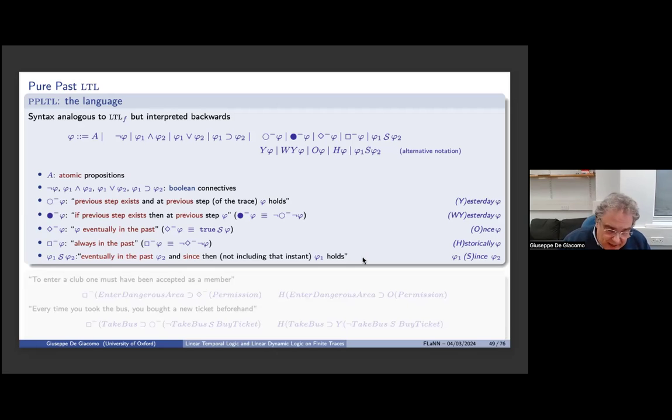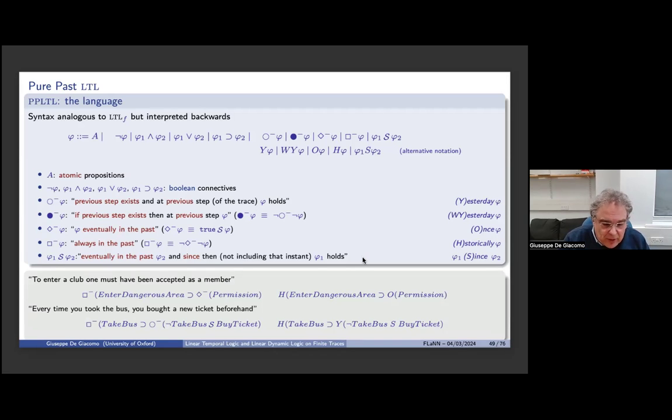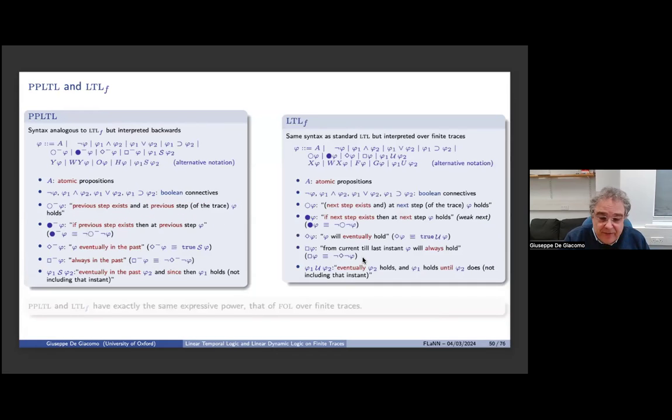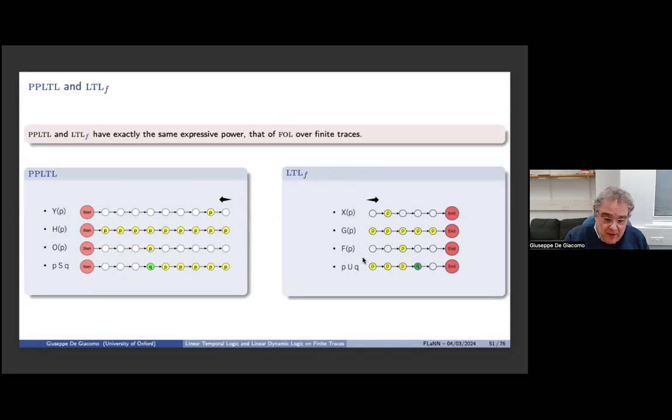Okay, and in fact, it's actually equivalent to LTLf. You can show that these two have the same expressive power. The difference is, however, that in pure past LTL, you are looking at the trace backward. In LTLf, you are looking at the trace forward, okay, going in this direction.